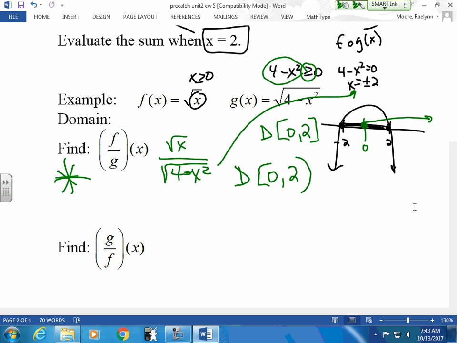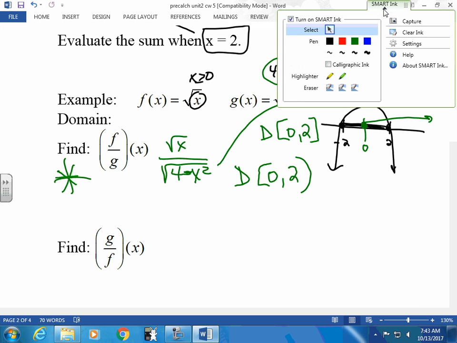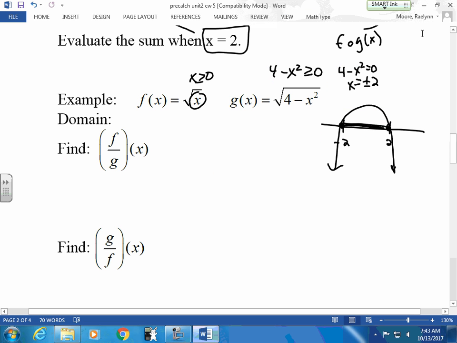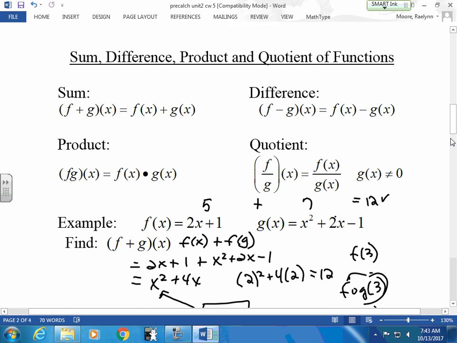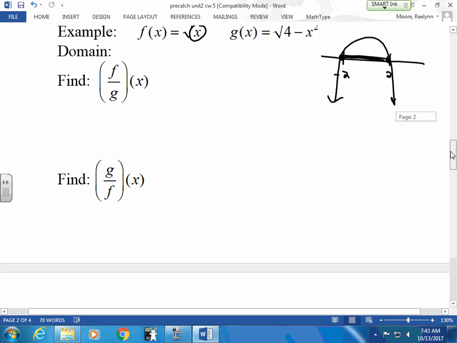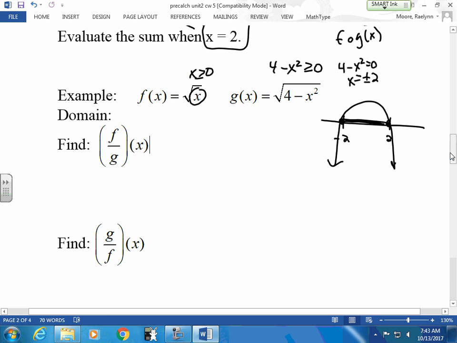So, any questions with this? Okay, so now we're going to continue this and we're going to do g divided by f. G says 4 minus x squared.